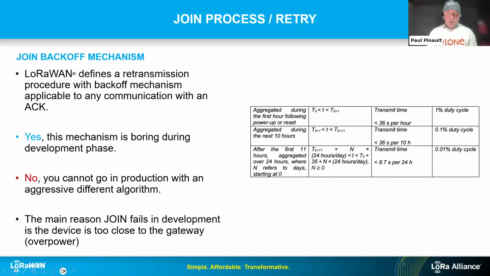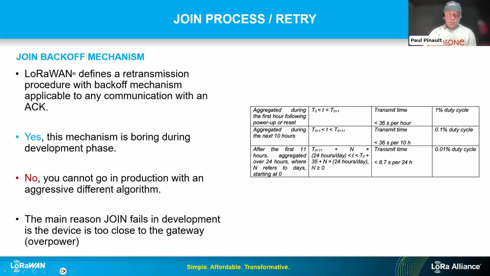And the other thing which is quite important is the repetition for all frames with acknowledgement. This is a backoff mechanism, which basically says that if you join, for example, and you don't get a response, you should not retry immediately.